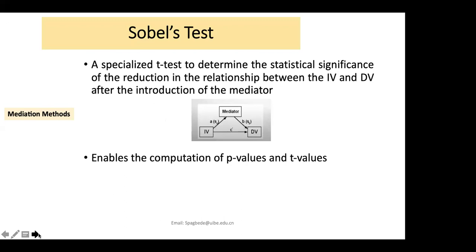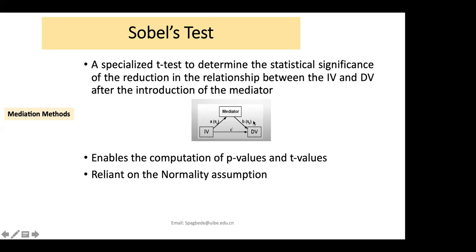But the problem is his method is highly reliant on normality assumption. And then in one of the approaches, mathematical approach, he's multiplying the standard errors of the independent variable and the mediator to generate the effect, irrespective of the fact that the independent variable could be normally distributed and the dependent variable is normally distributed.